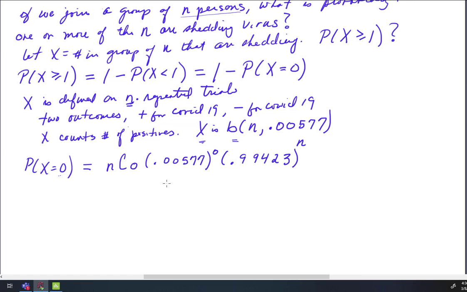Now, we still haven't really said what n is, and so we're going to get a symbolic answer here, but we can take this a bit further.